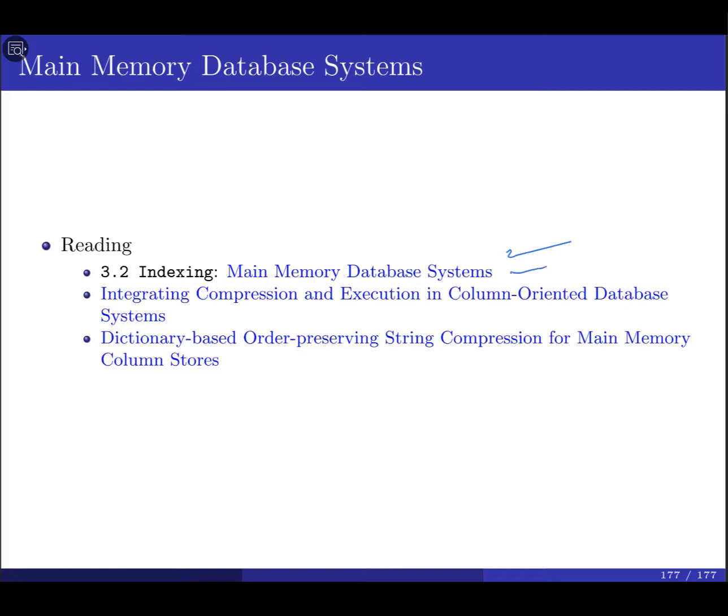It's not a few pages, but it will give you an idea of the different indexing techniques used in main memory database systems. And I think two papers can give you an idea about different compression techniques you can go over in your free time.